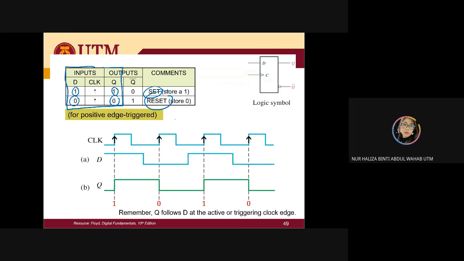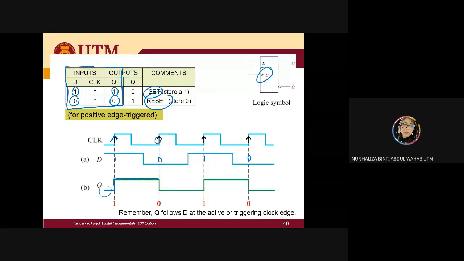Now you can see here, you got positive clock, and at each single line here I put the value. Here is 1, here is 0, here is 1, here is 0. So from low, let's say this is the initial value, you're going to set as 1 until you meet another positive clock.